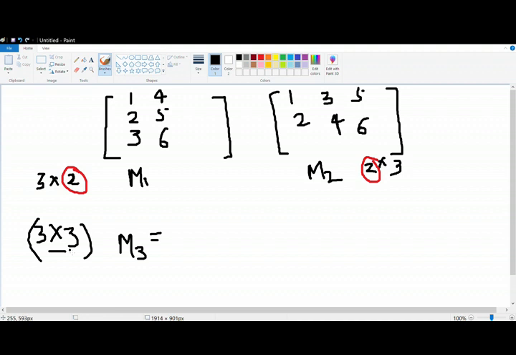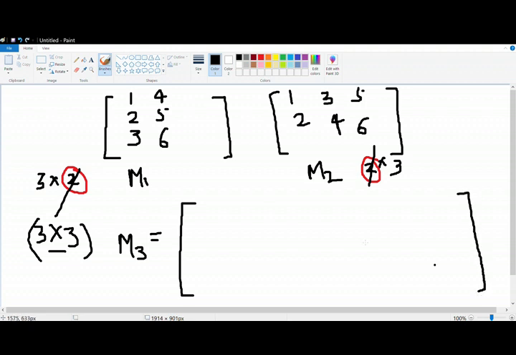I calculate this order by neglecting the number of columns of the first matrix and the number of rows of the second matrix; the resultant of the two orders is 3 by 3. So how can I multiply these matrices?